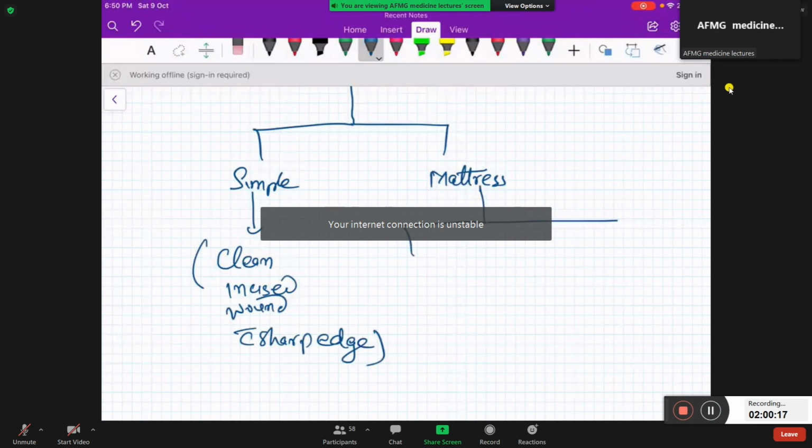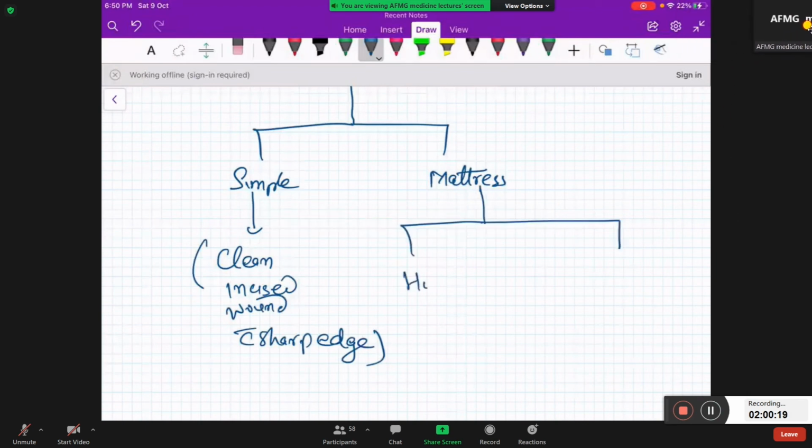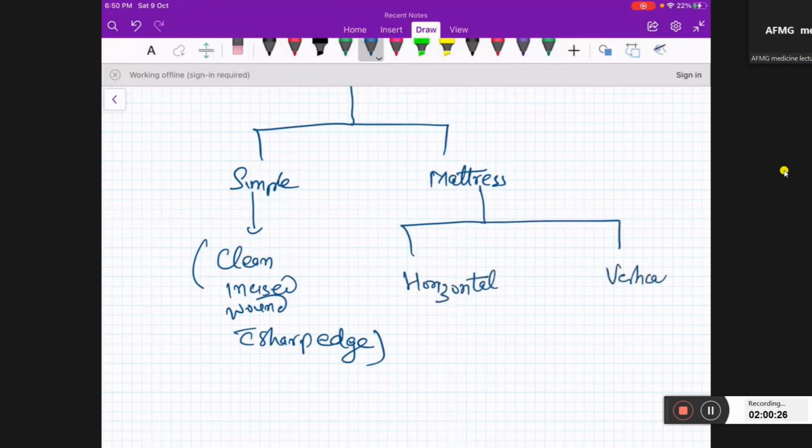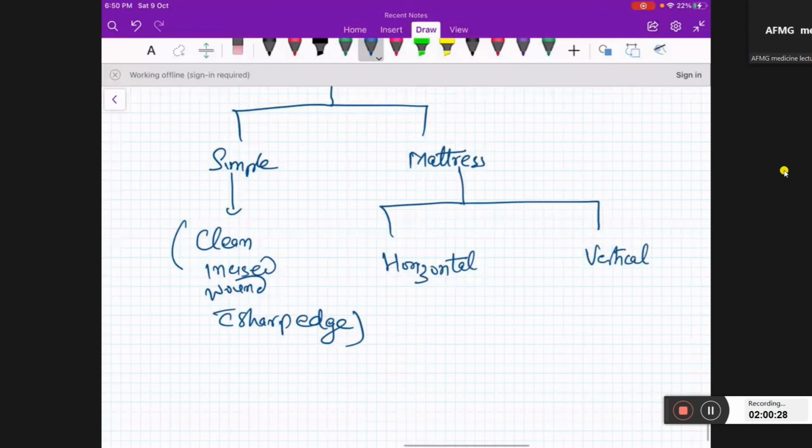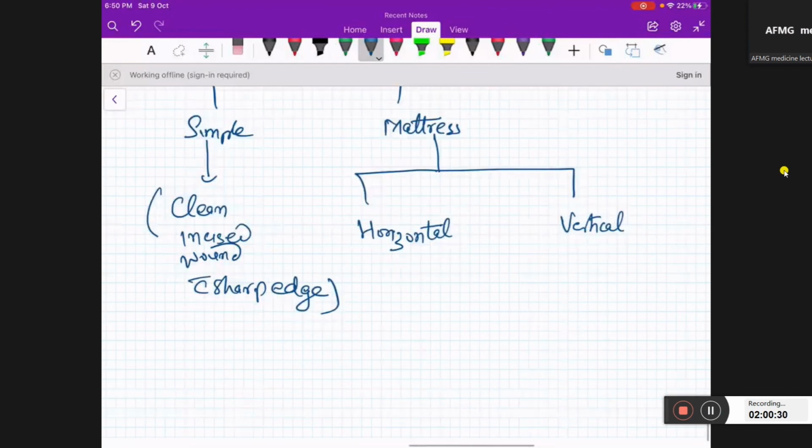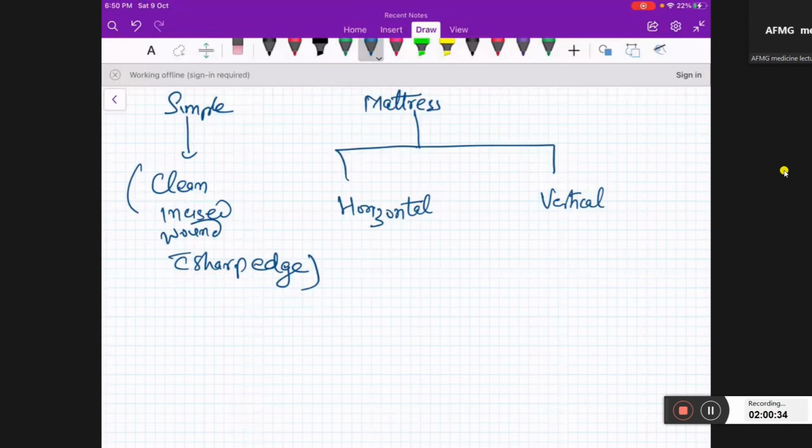Mattress sutures are of a further two types: horizontal and vertical mattress. Just write it down, then I will explain. There is a horizontal mattress and there is a vertical mattress. A vertical mattress suture is applied when there are irregular edges.